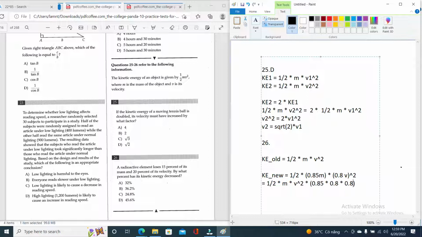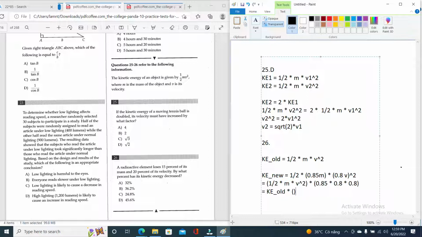So we're going to convert this factor to a percentage, because this is actually KE0 times the factor.